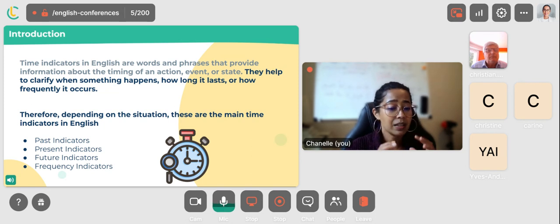Therefore, depending on the situation, these are the main time indicators in English: past indicators, present indicators, future indicators, and frequency indicators. If you are looking for a word that can explain indicators, think of an indicator as something that shows. It shows the past, it shows the present, it shows the future, and it shows the frequency. So that is another word for indicator.